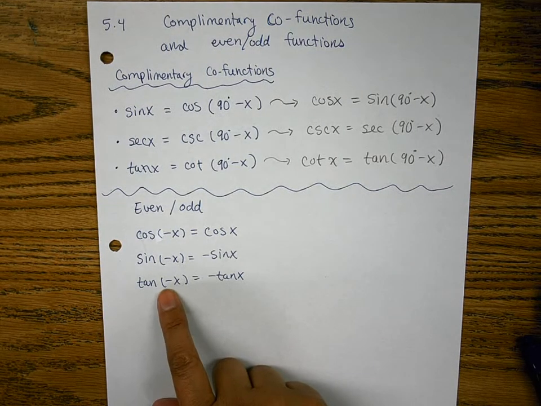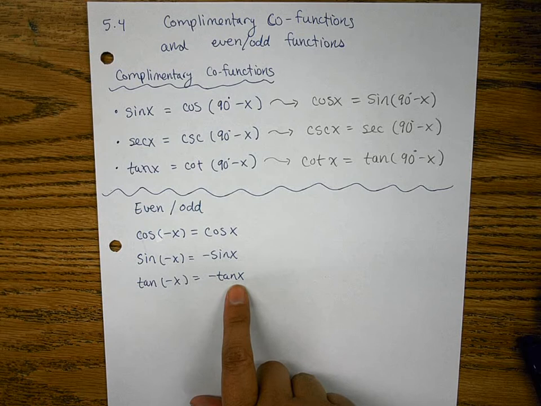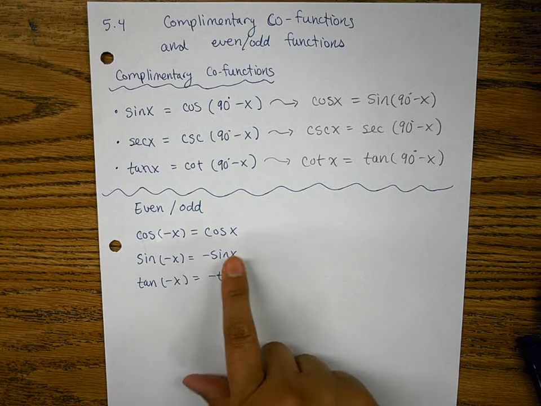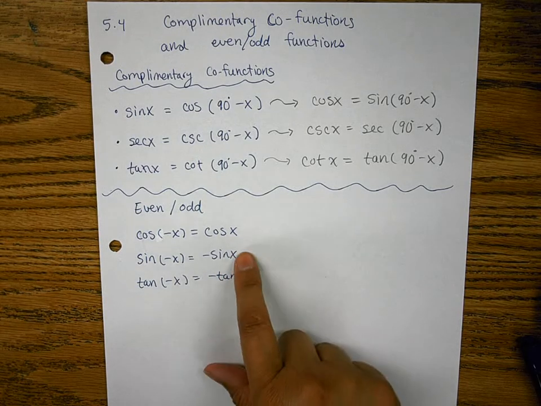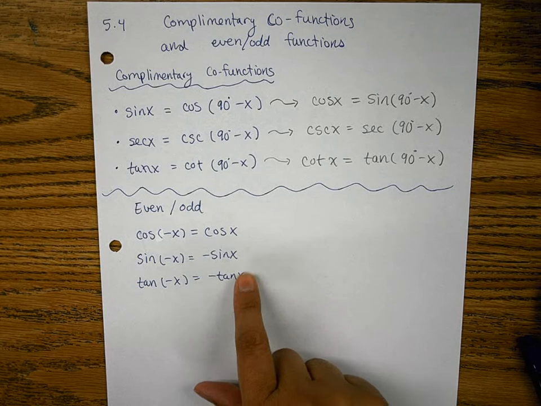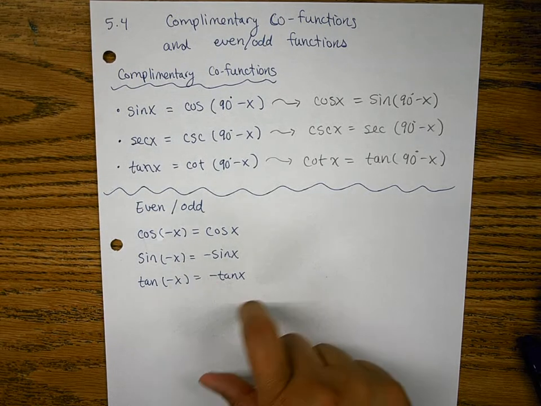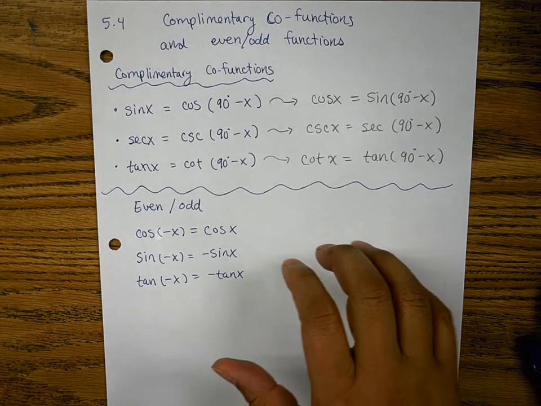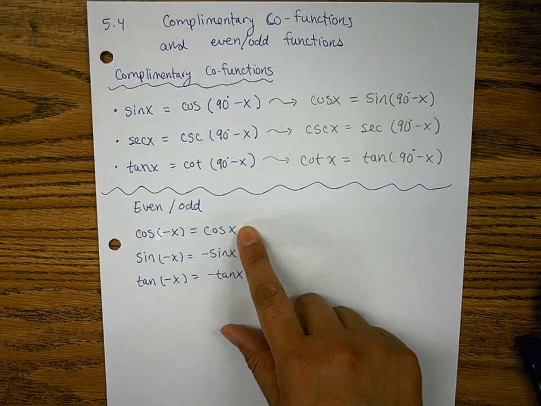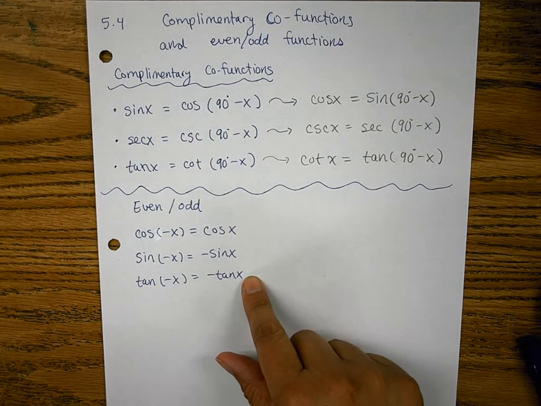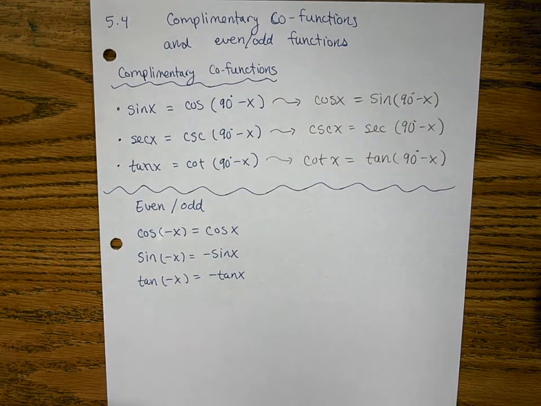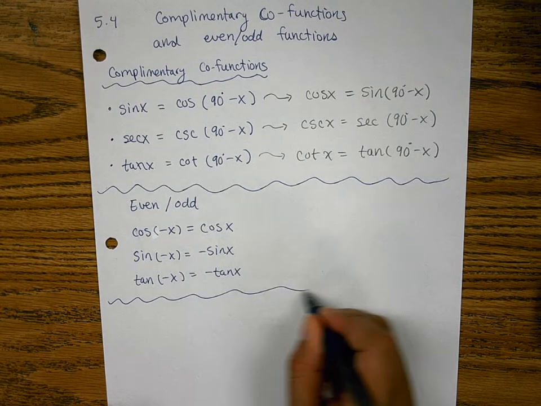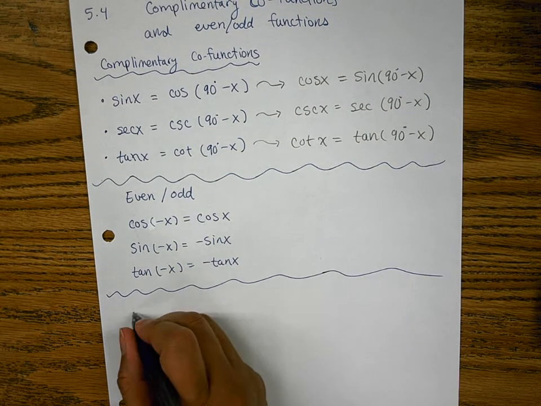Tangent of negative 30 would equal negative tangent of positive 30. So cosine absorbs the negative, sine and tangent kick it to the front. And again, I will explain a little more in class, and I'll draw you pictures and show you why cosine absorbs and how sine and tangent kick it to the front. For now, I'd like to show you some examples.